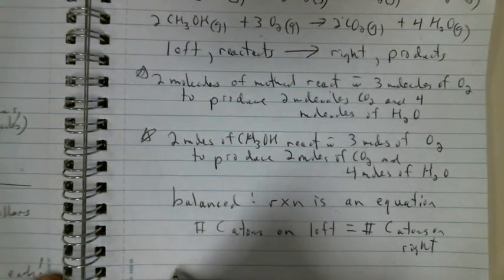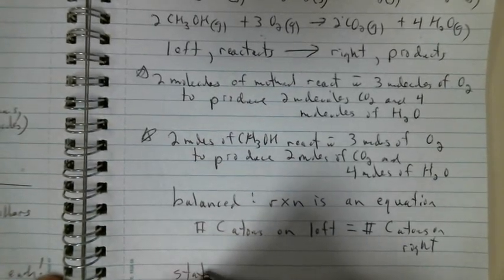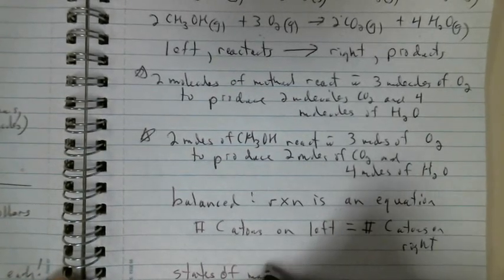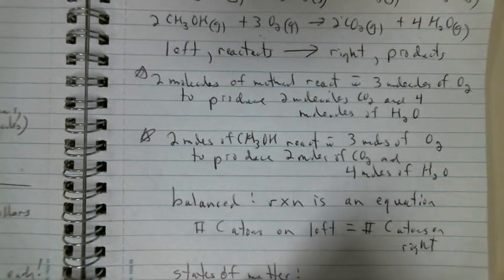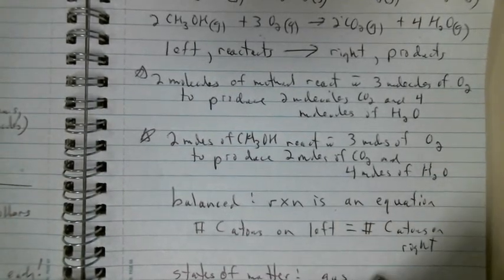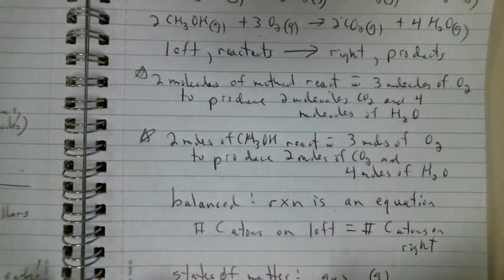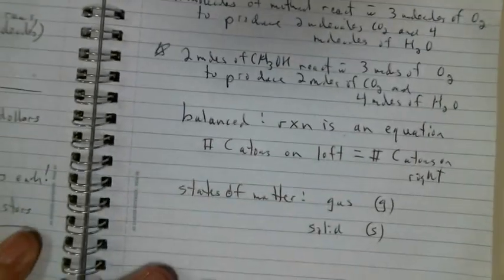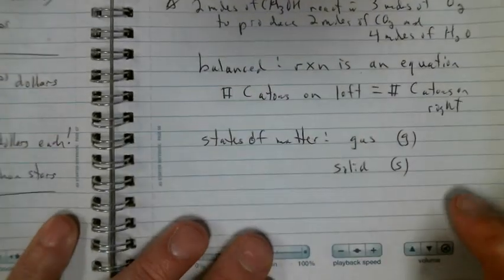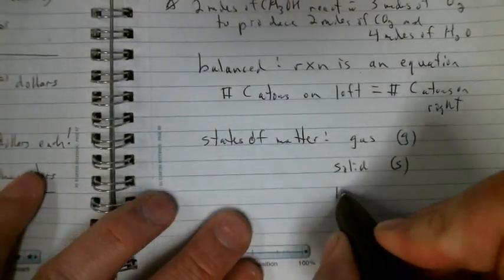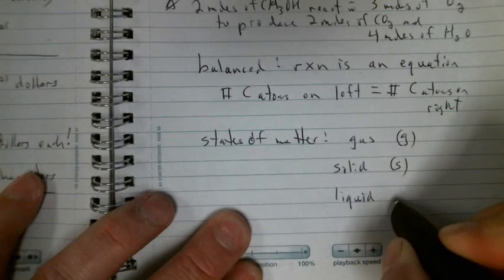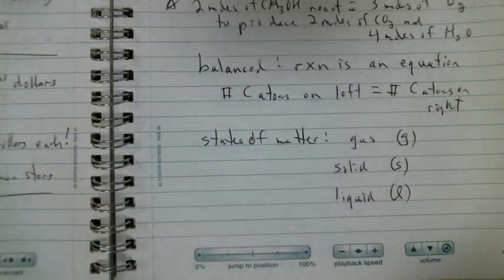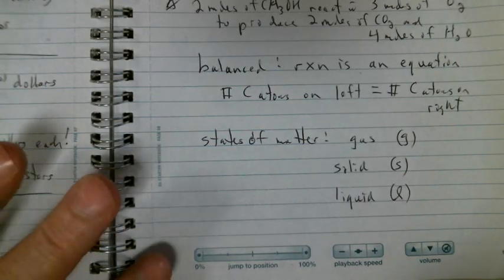In terms of writing reactions, I think I'll do this again when we do balancing, but states of matter: we could have a gas, and then we just abbreviate that G. Could be a solid, we abbreviate that with an S. And then could be a liquid, that's just a L, and usually we try and do a script L because it doesn't show up very easily otherwise.